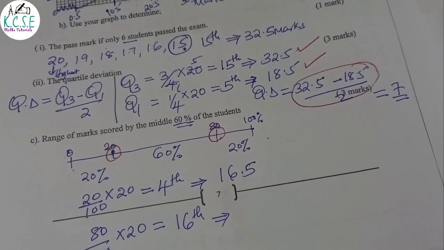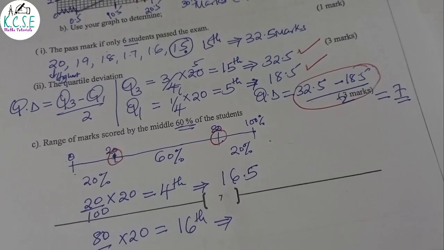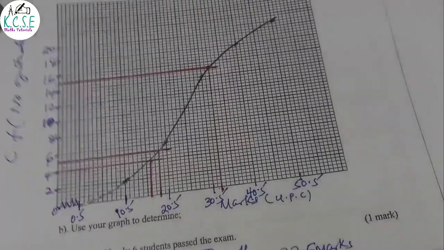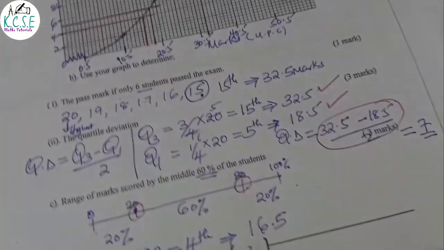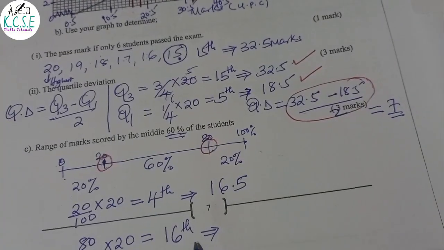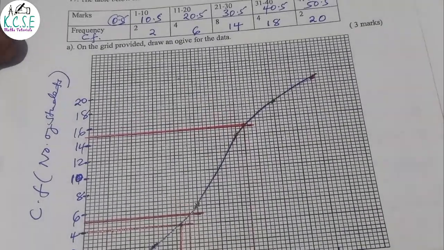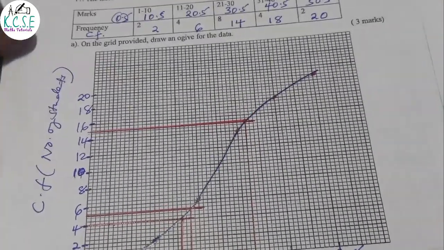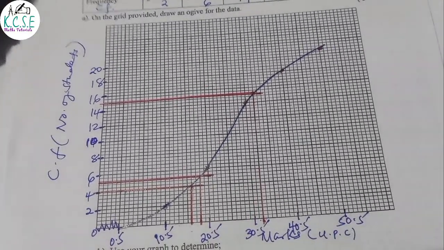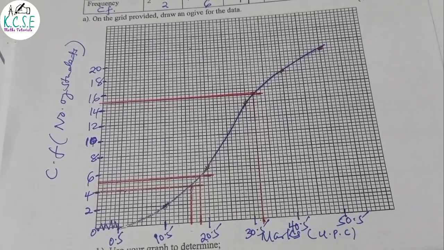Then the 16th, I think for the 16th we had already, I don't know whether we got it. Oh, it is not there. So the 16th student, the next one is this. So we go to the graph and we draw the 16th student.